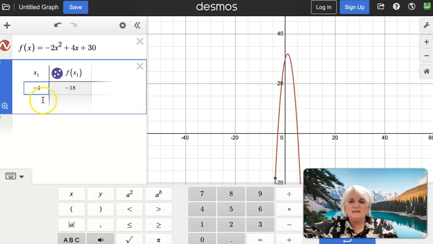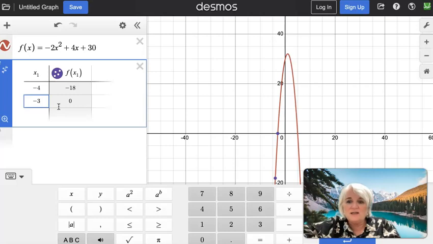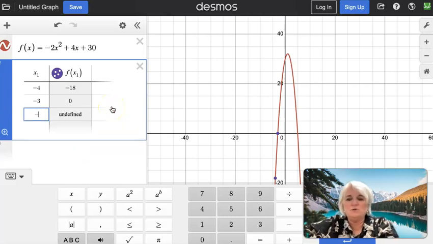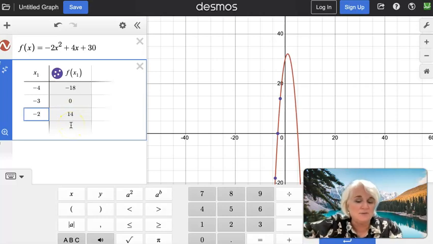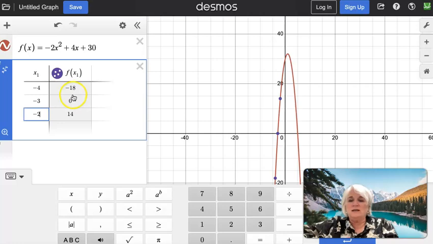So I'm at negative 18, and then my next one down, I'm going to put in the negative 3. I know that's at 0 because it came up before. Okay, and then I'm going to put in a negative 2, and now notice this goes from a negative to a positive, so that means that I do have 2 zeros. It's only if they're all positive or all negative, except for 0, that it is either no solution or 1 zero.